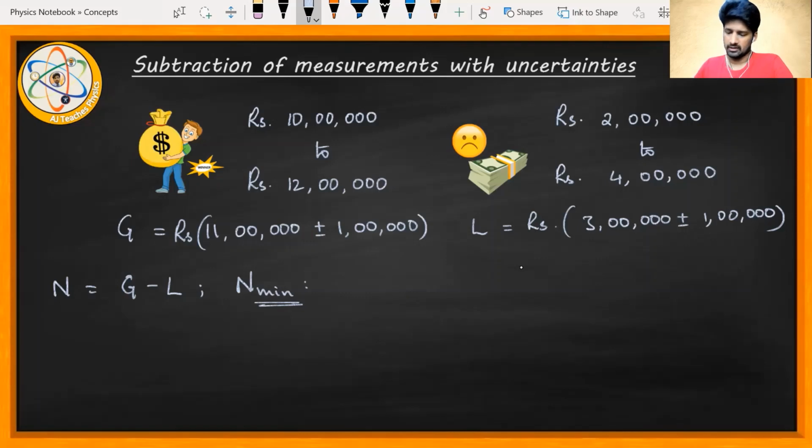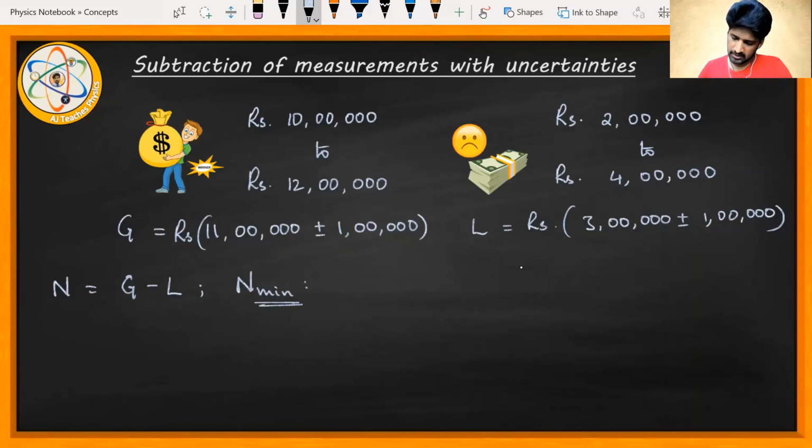Once you're done with that, you can look at the explanation. To calculate the minimum net amount, we will assume that we win the smallest amount in the lottery and we have to pay the highest amount of tax. So you win the least possible amount and you pay the highest possible amount. So in that case, the net amount that remains with you is going to be the least.